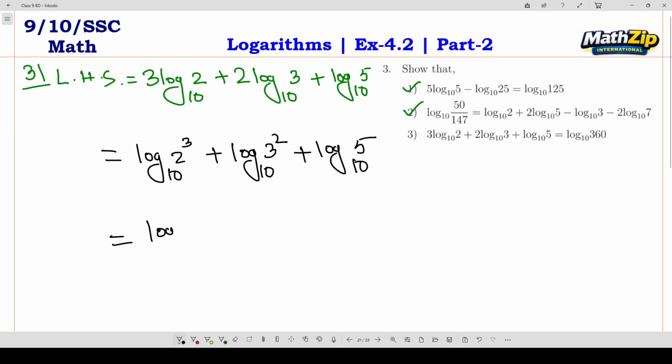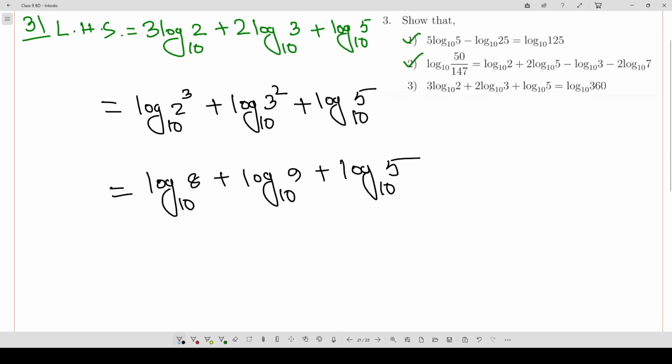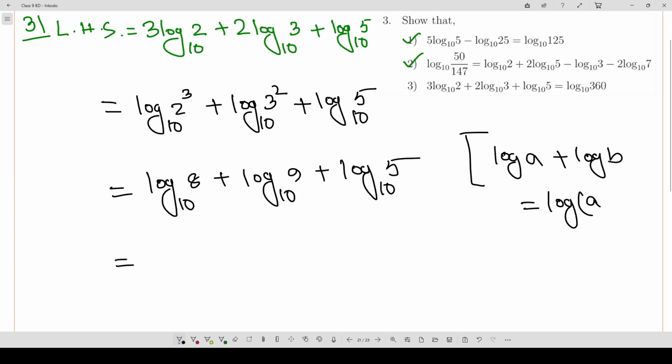Now log 10 base 2 to the power 3 means 8 plus log 10 base 3 square means 9 plus log 10 base 5. Now look, here everything is plus, we know we can write log a plus log b, it can be written log ab.